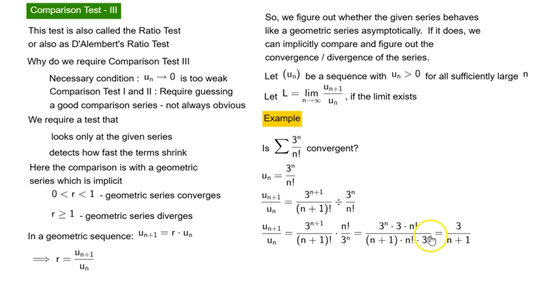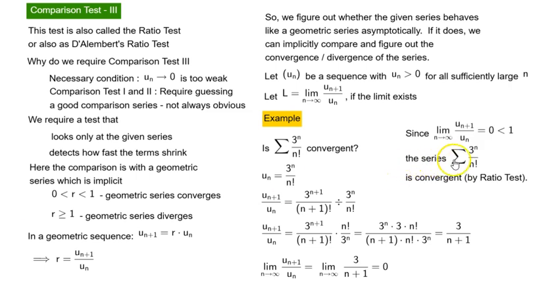So 3 to the power of n cancels, n factorial cancels, and we are left with 3 by n plus 1. If we take the limit, we end up with 0. So it is less than 1, and the series 3 to the power of n by n factorial is convergent by the ratio test.